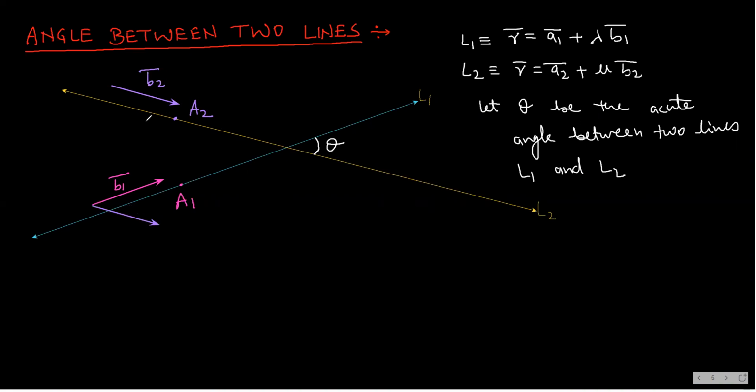I repeat once again. Vectors B1 bar and B2 bar are parallel to lines L1 and L2 respectively, and hence the angle between these two vectors will give us the angle between the two lines.